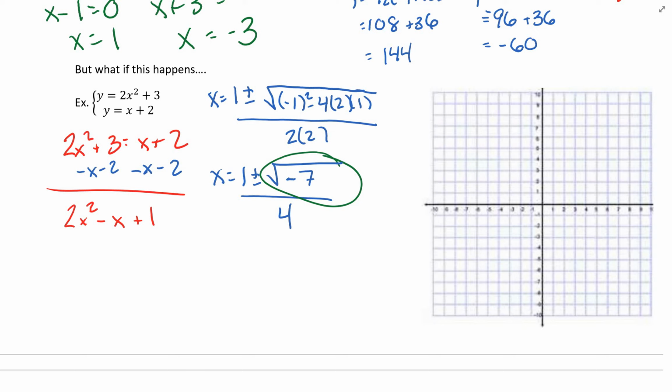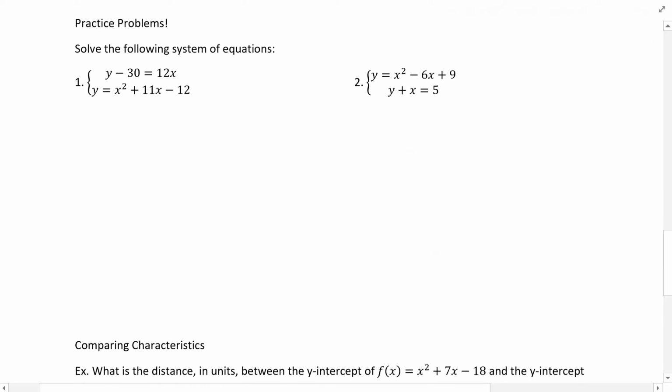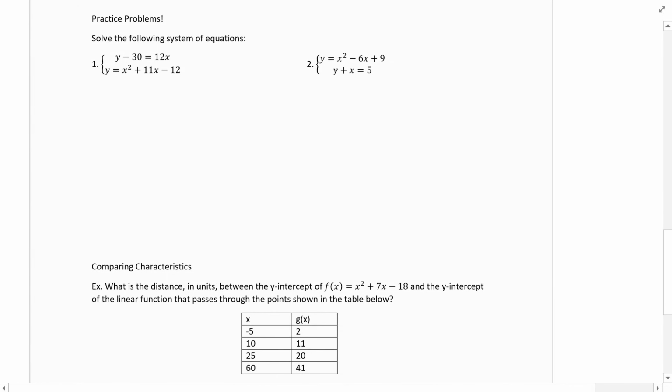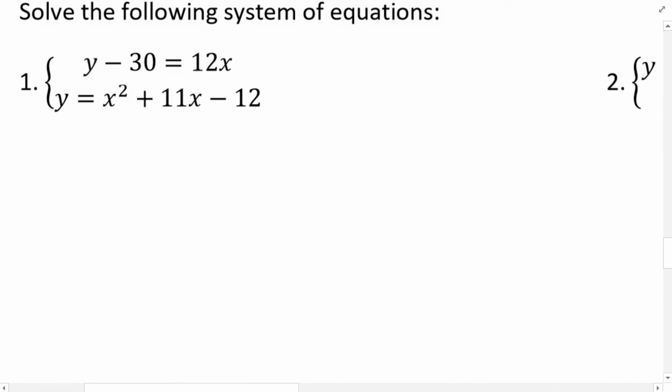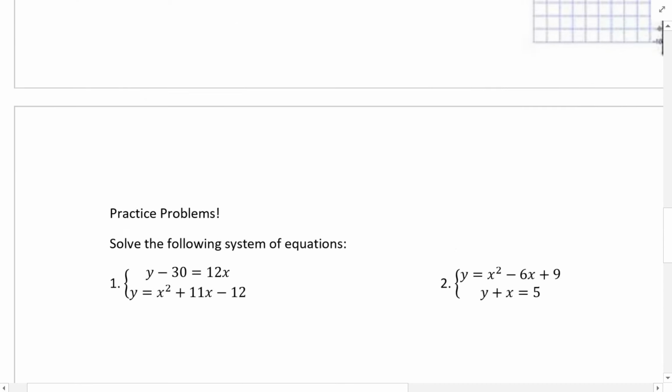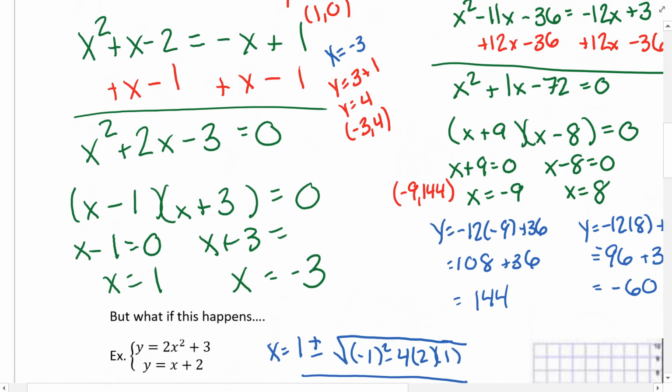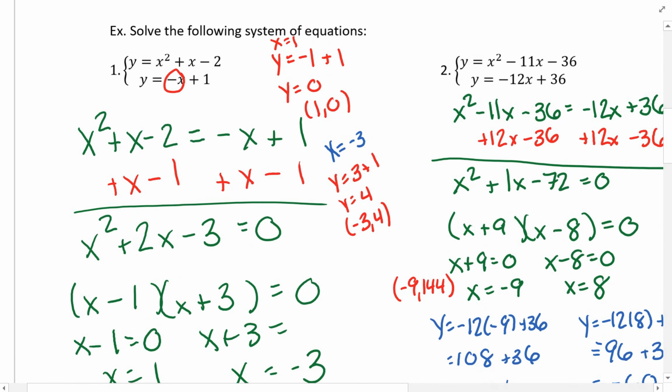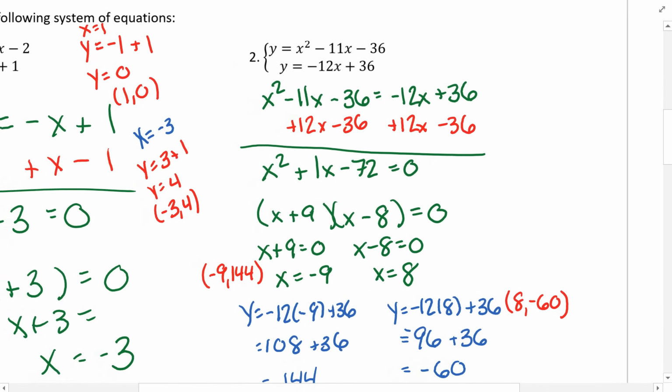Okay? Now, you guys already know how to do the following. So I want you guys to take some time, practice 1 and 2. Again, one thing I want you to notice though is that these equations are slightly different. Notice in the first one, that's not y equals, that's y minus 30. Every time that we dealt with problems in the beginning, they were y equals, y equals.